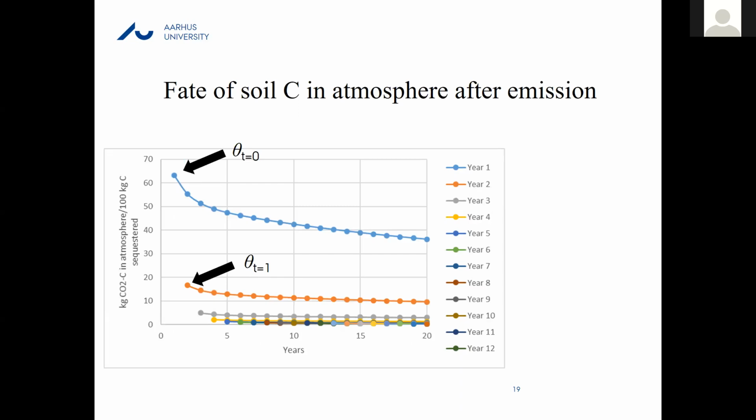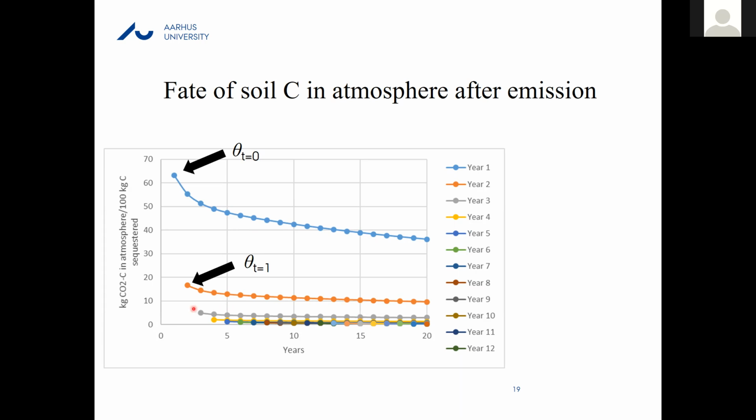Here we're looking at the fate of that soil carbon after it enters the atmosphere. The first theta here is the carbon emitted in the first year, and it is progressively removed from the atmosphere over time via the processes we outlined earlier. The second theta is the mass emitted during the second year, and it too is depleted over time.